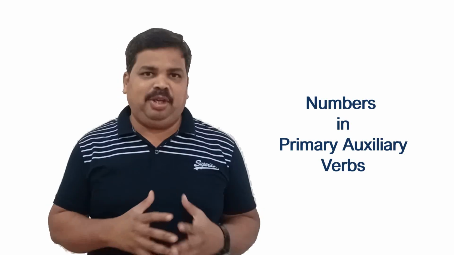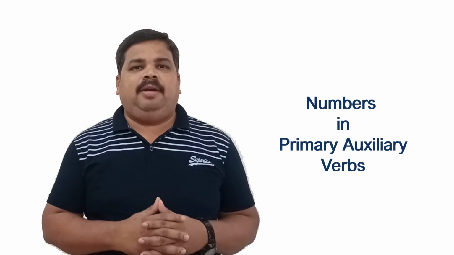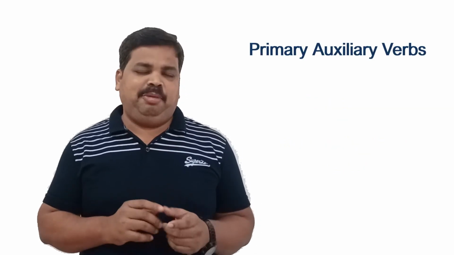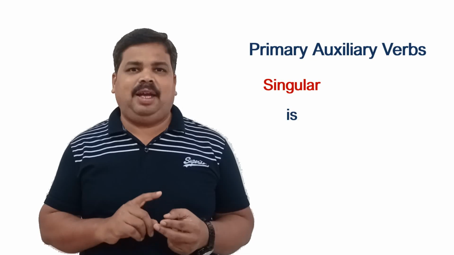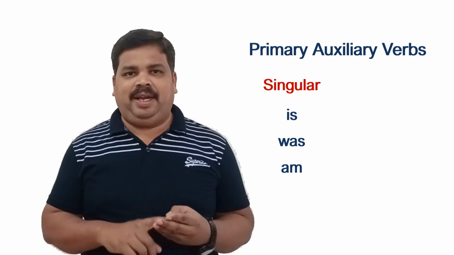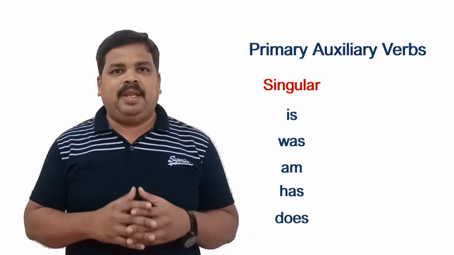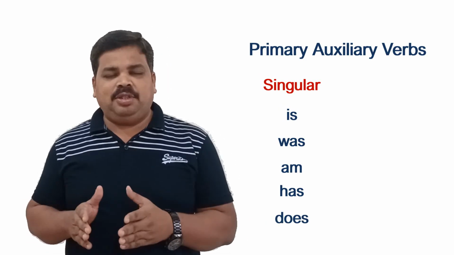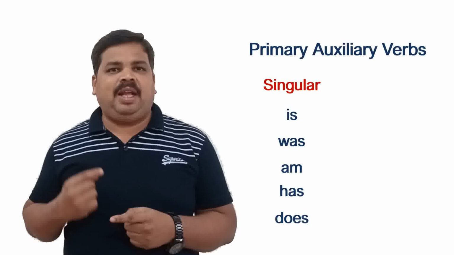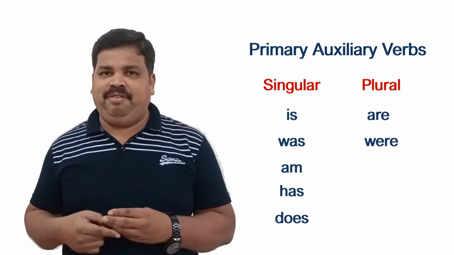Similarly, when it comes to auxiliary verbs, especially primary auxiliary verbs, the singular primary auxiliary verbs are is, was, am, has and does. These are singular auxiliary verbs. Similarly, what are plural auxiliary verbs? Plural auxiliary verbs are are, were, have, do.